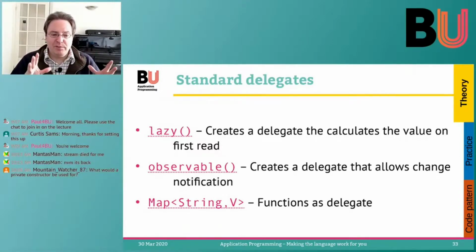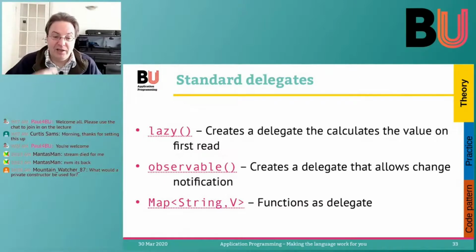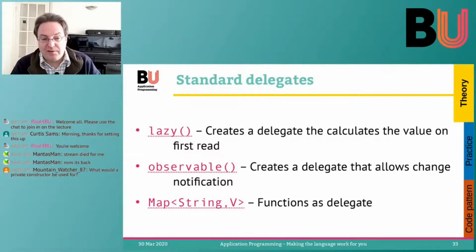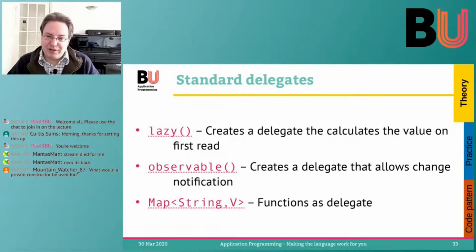Then there's observable. Observable allows you to have a property where anytime it's changed, this will trigger a function to be called. So observable takes some parameters that say, okay, this is what gets invoked or informed when there's a change. Very useful if you have objects that inform views that their content has changed.